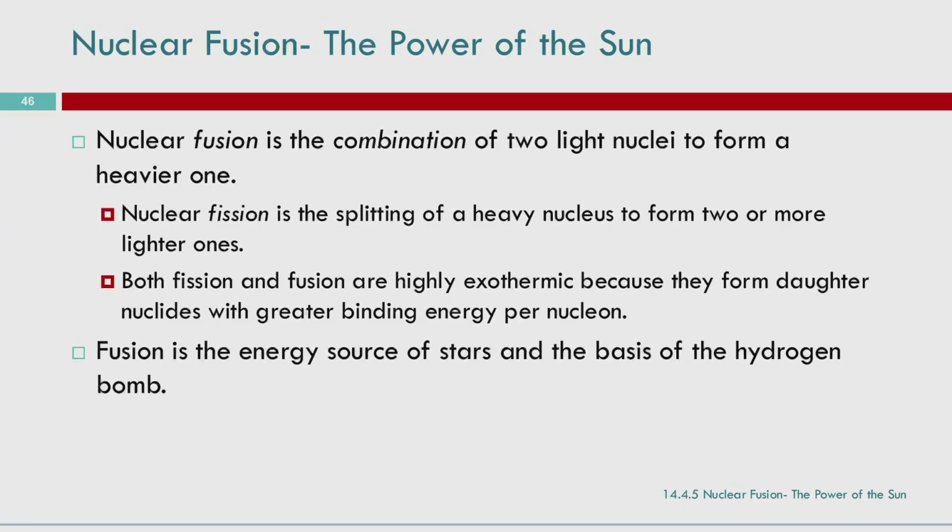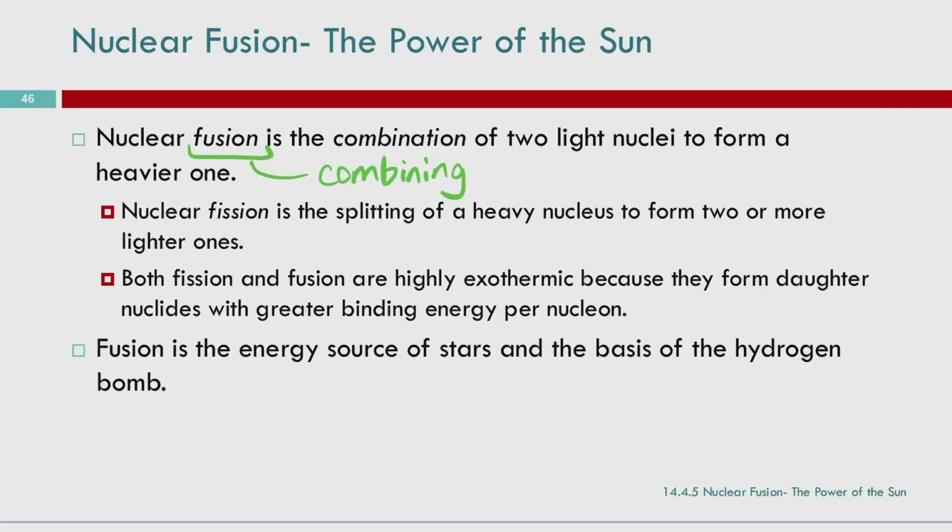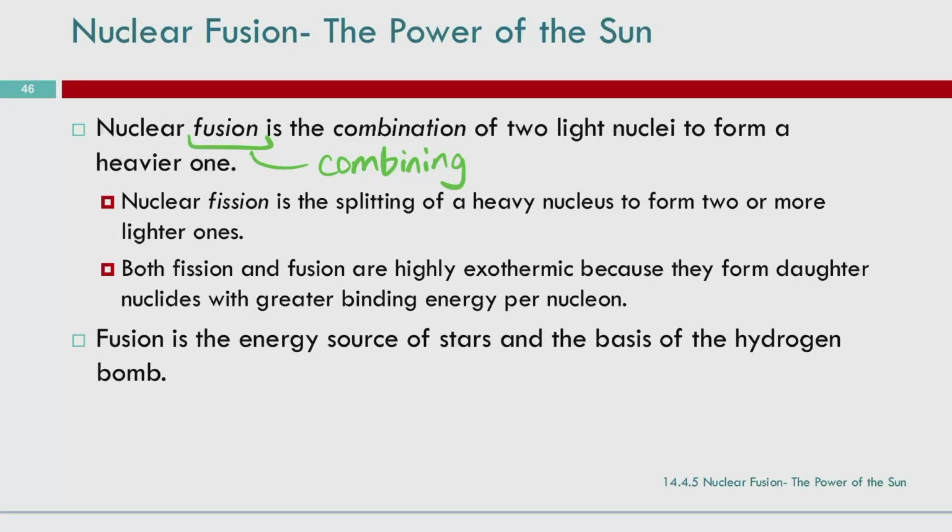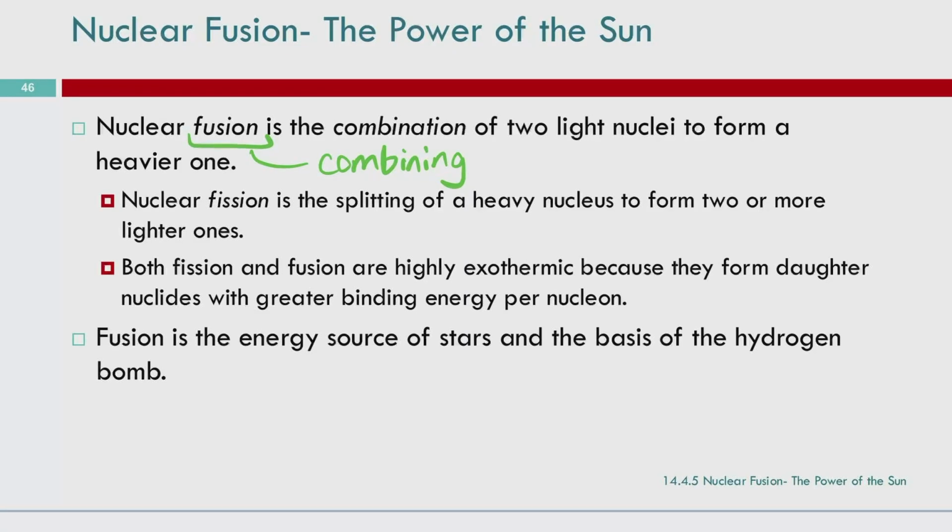There's also nuclear fusion. So fusion is, rather than splitting, it's combining. And fusion is great because you can take 2 light nuclei, 2 small atoms, and merge them together to form a heavier one. And this is what happens in the sun. The sun is turning hydrogen into helium.